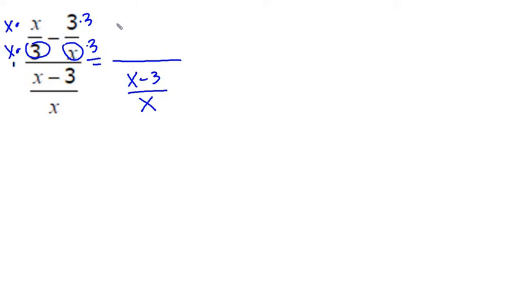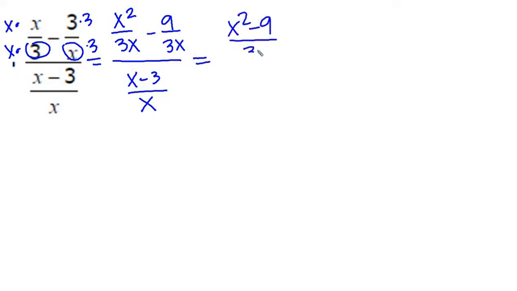Okay, so that's going to give me x squared over 3x minus 9 over 3x. So now that they have the same denominator, I'm going to write them as a single term. So I have x squared minus 9 over 3x all over x minus 3 over x. Now from here, I have a single fraction over a single fraction, and when I divide by a single fraction, I multiply by the reciprocal.